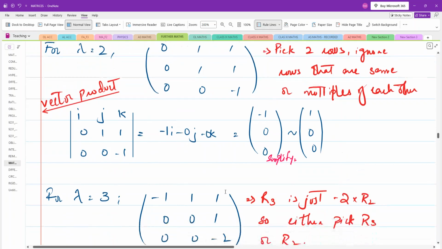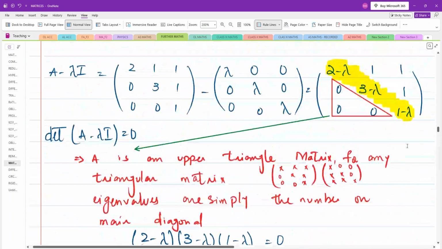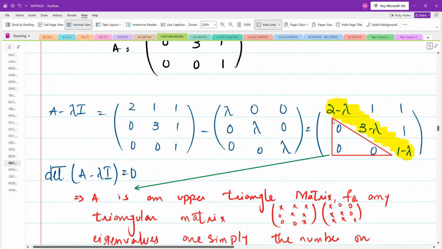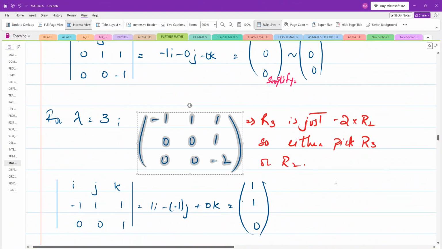Moving onwards, for lambda equals 3, we get this matrix. What I did is essentially subtract 3 from the main diagonal: 2 minus 3, 3 minus 3, and 1 minus 3. Now that I have this matrix, once again we are supposed to pick any two rows. However, row 3 is just -2 multiplied by row 2.